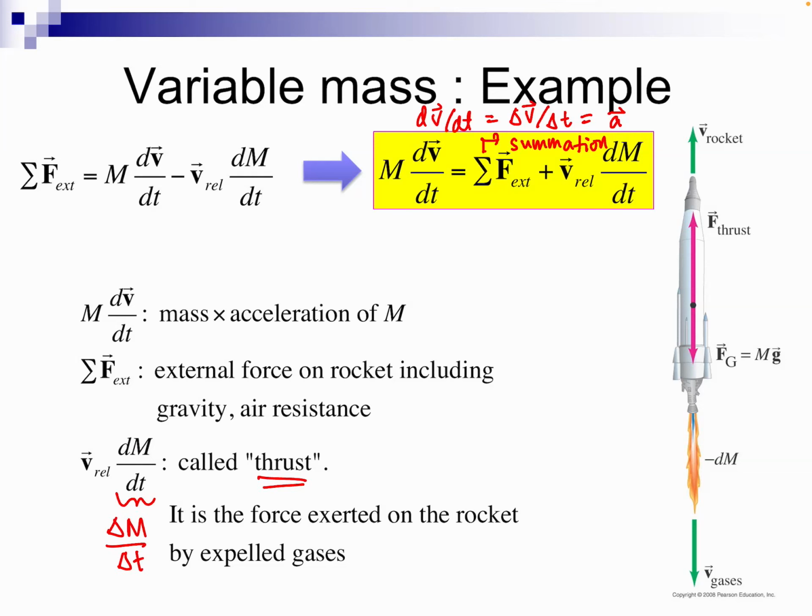Since we are burning the fuel over time, the change in the mass of the rocket is due to the burning of the fuel, and the burning of the fuel gives us the thrust. So this whole expression, v relative times dm over dt, is just the thrust. It's the force exerted on the rocket by the expelled gases.